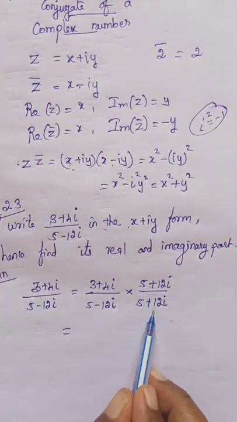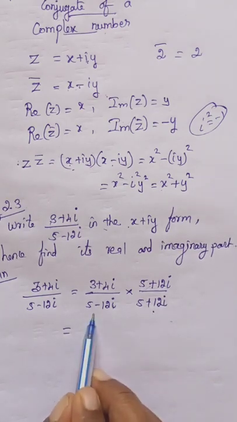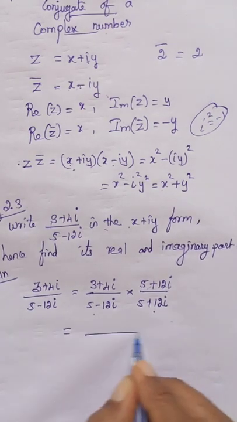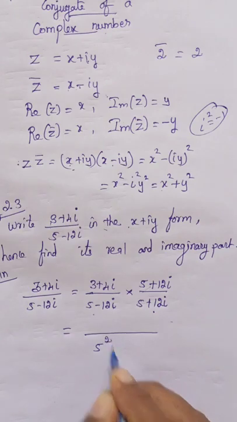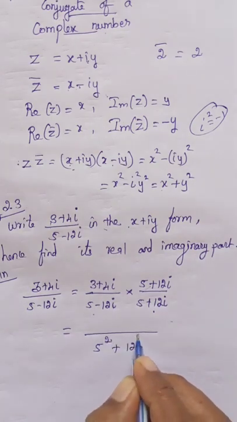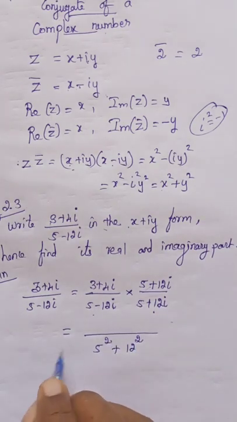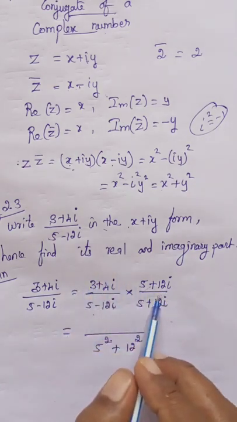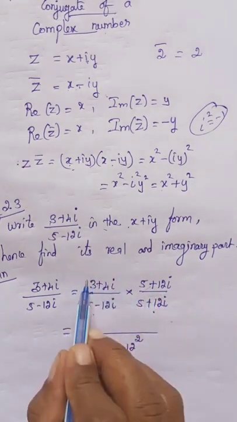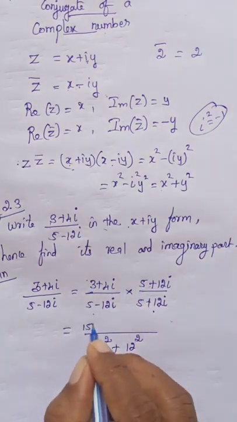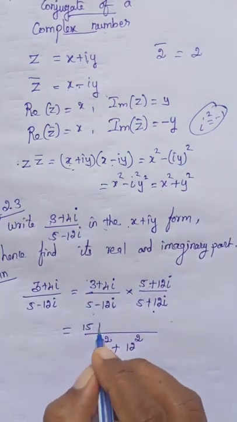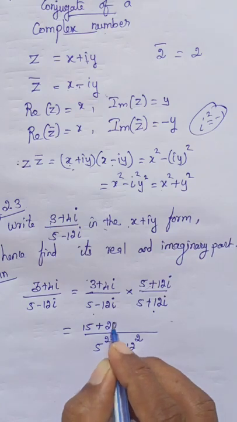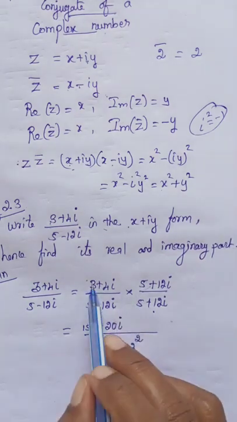Now see here, product of a complex number and its conjugate. So here directly I can write the denominator as 5 square plus 12 square. For the numerator, you can use the formula or else ordinary multiplication. 3 into 5, 15, plus 4i into 5, that is 20i.